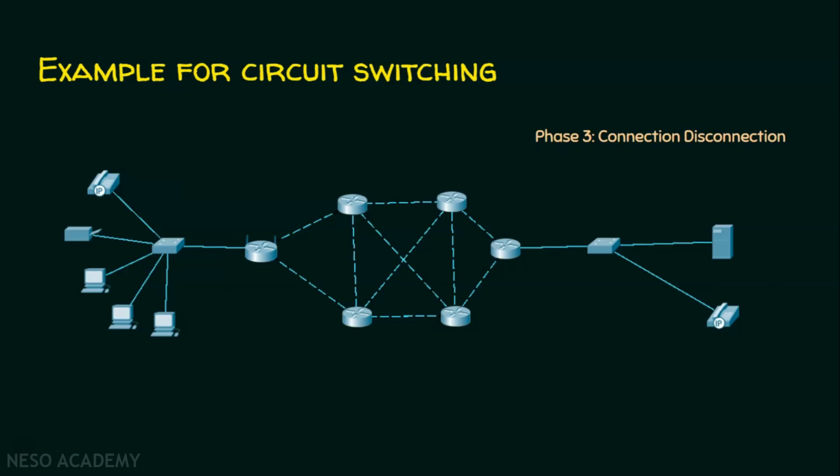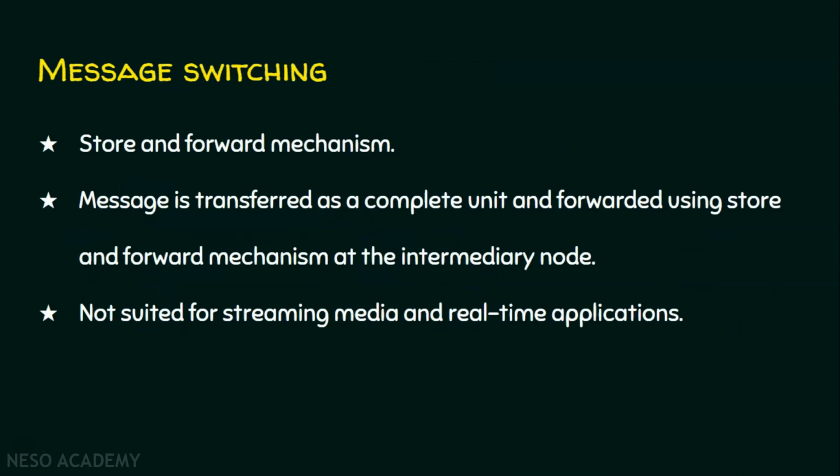Now we will see the second technique, message switching. In message switching, it uses a store and forward mechanism. It means the message is transferred as a complete unit, a single unit, and forwarded using the store and forward mechanism at the intermediary node. If you don't understand this, just wait for my example.